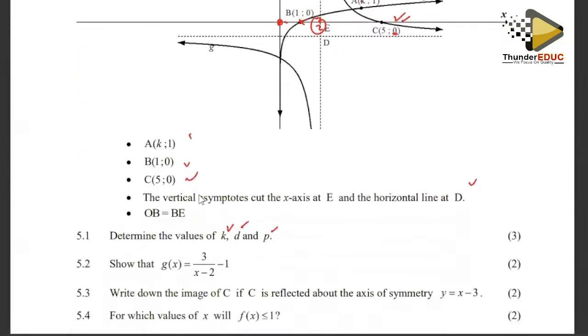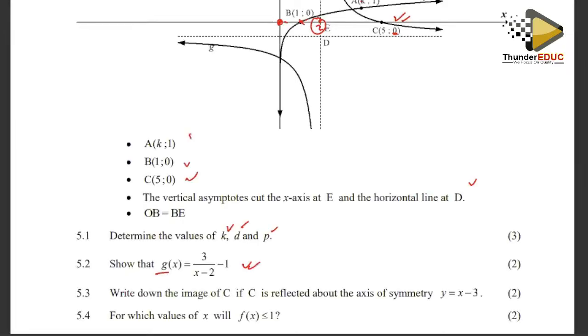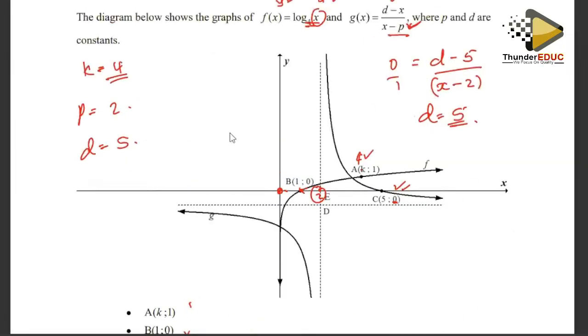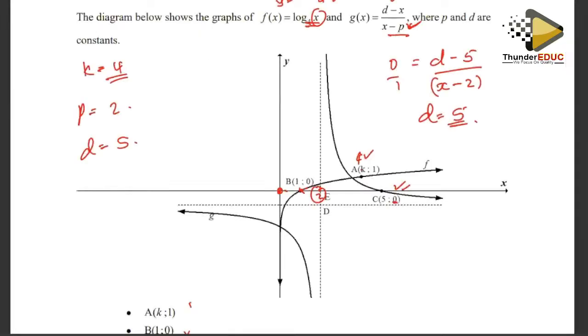And then can we show that the graph G is giving us that? If I rewrite that graph, it's going to be 5 minus x over x minus 2.